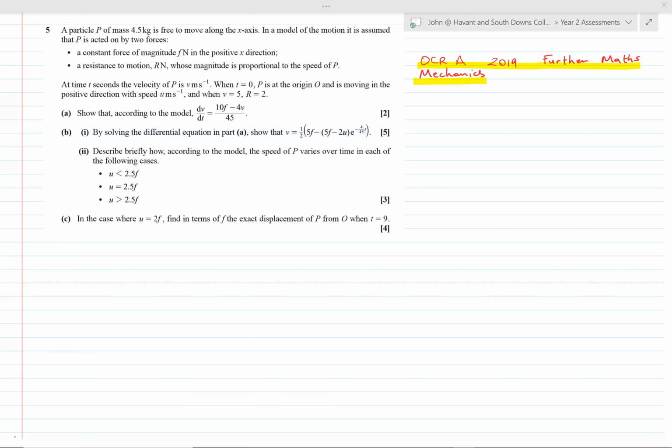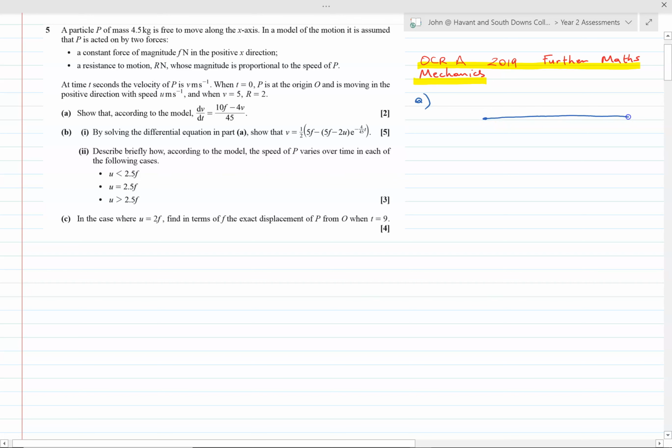So the first bit is about setting up the differential equation, and because it says show that, we need to make sure we do exactly that: we show it and we explain our work. It says a constant force of magnitude F moves a particle in a positive direction, free to move along the x-axis.